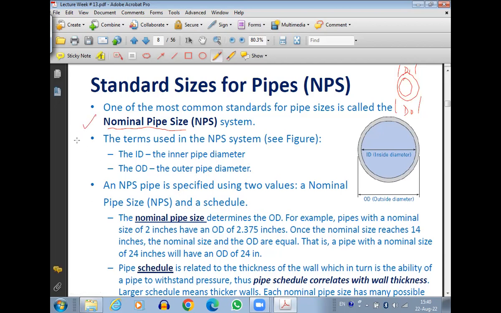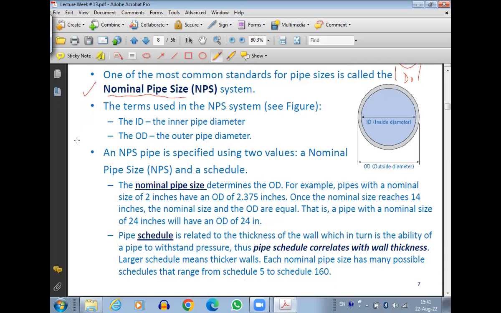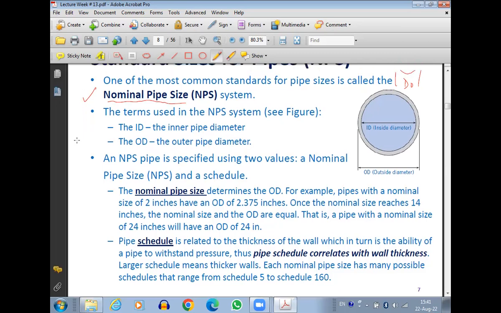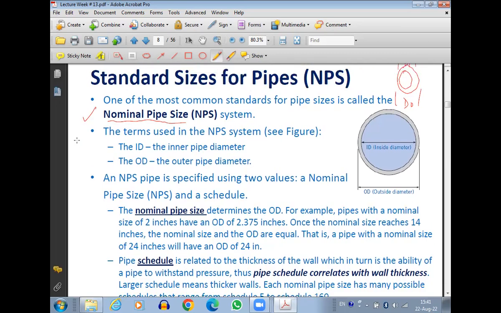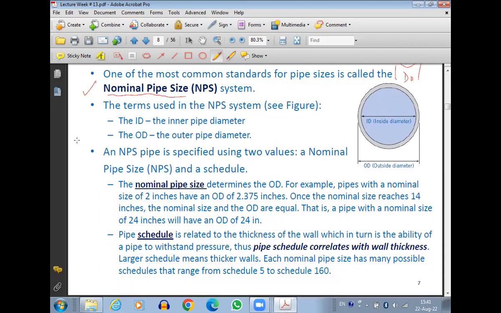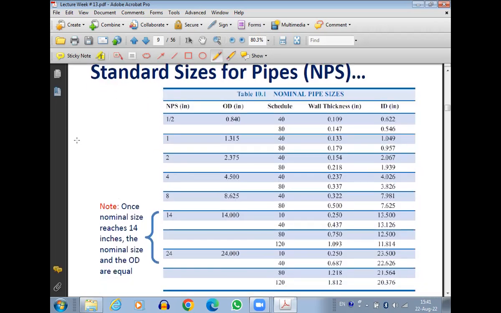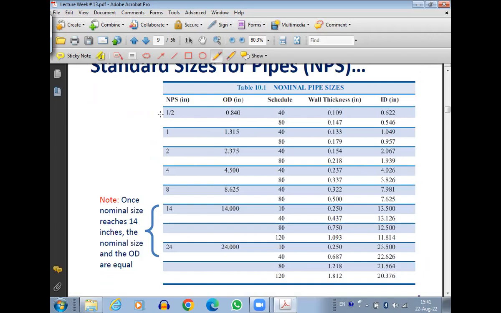Based on the nominal pipe size, a specific chart has been developed which determines, for a specific nominal pipe size, what the inner diameter and outer diameter of the pipe will be, and correspondingly the thickness of the pipe. If you look at this chart for nominal pipe sizes, and we have a pipe of nominal pipe size ½ inch, it does not mean that the inner diameter or the outer diameter is ½ inch.